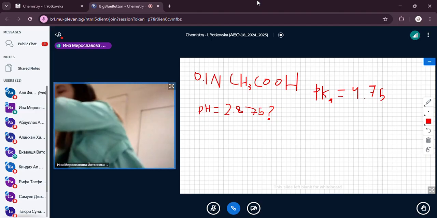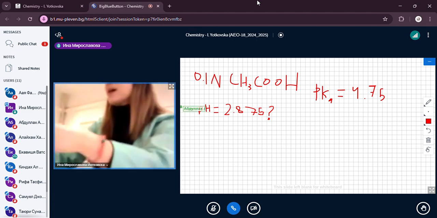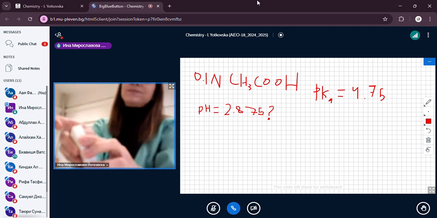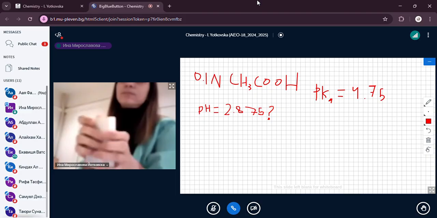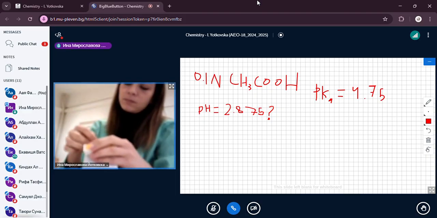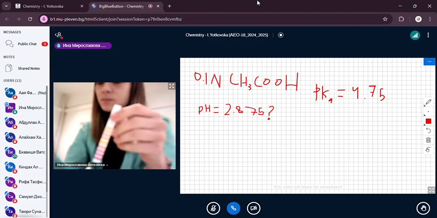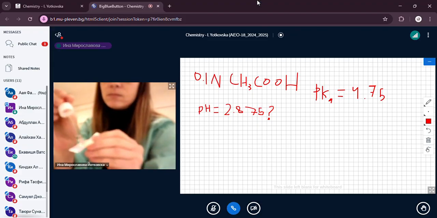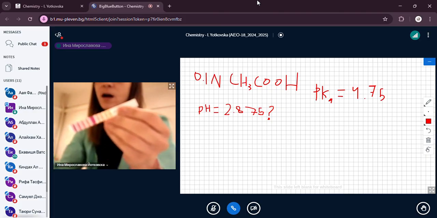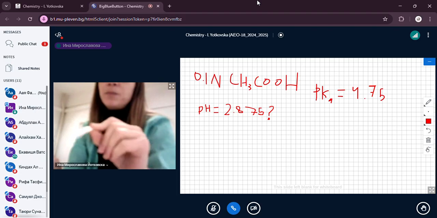Now I will prove this with the precise litmus indicator. I obtain pH 1.8.